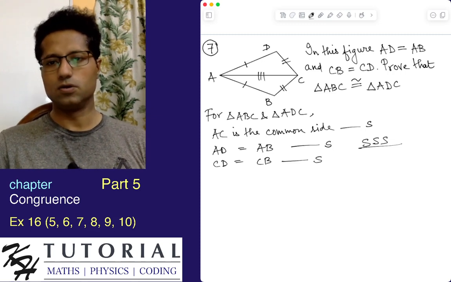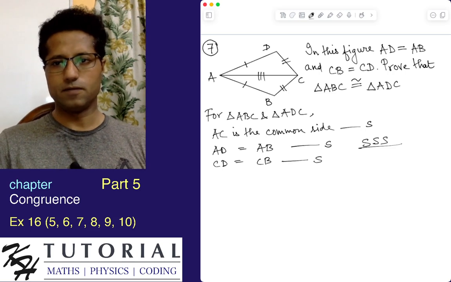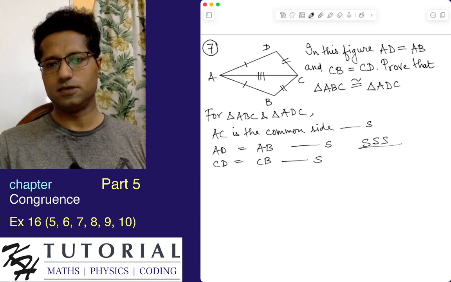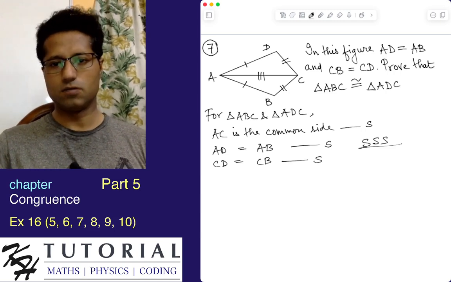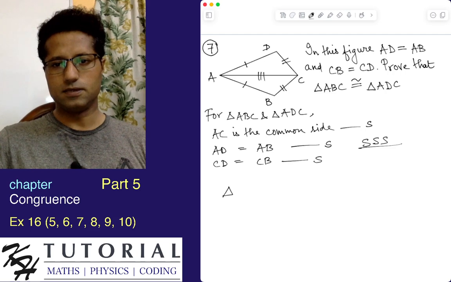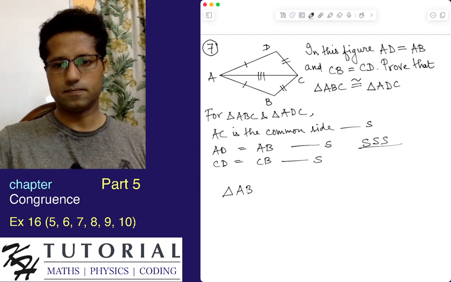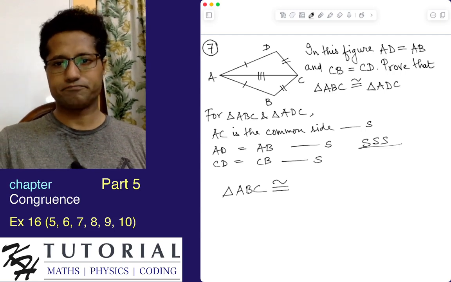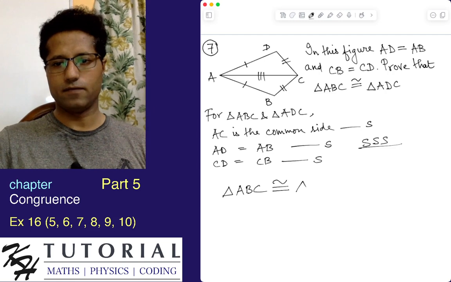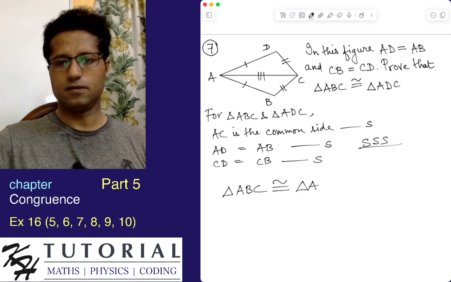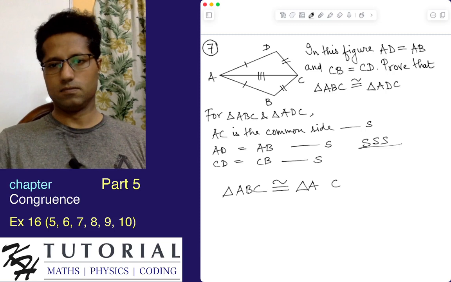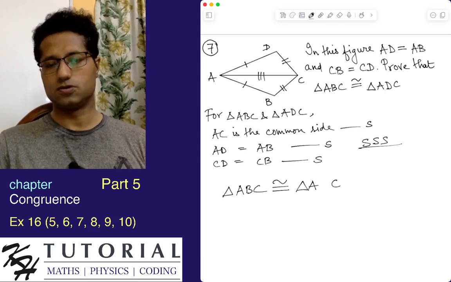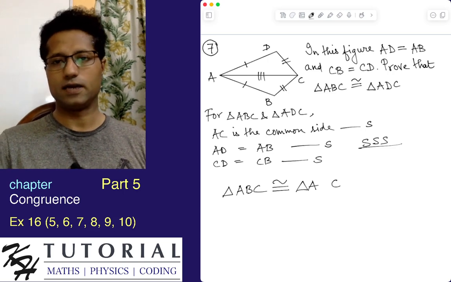Now we have to find the correspondence between the triangles ABC and ADC. Since AC is the common side, A and C will be the same, and then definitely in triangle ABC the vertex B has to correspond with the vertex D of triangle ADC.